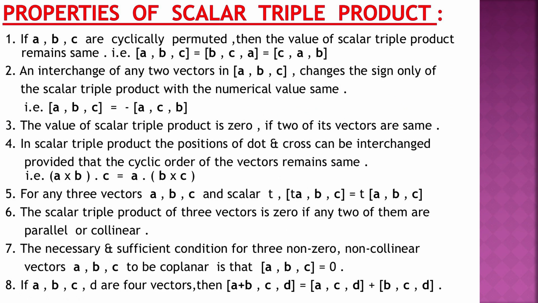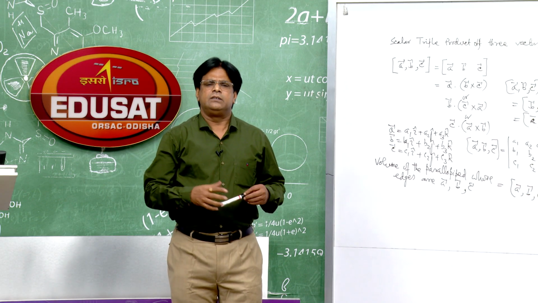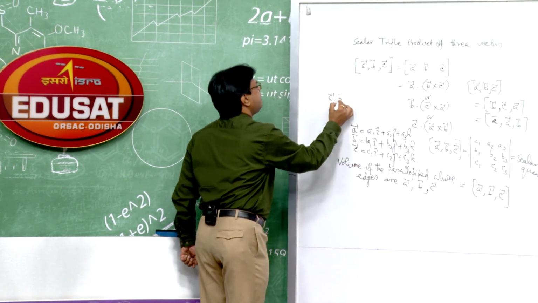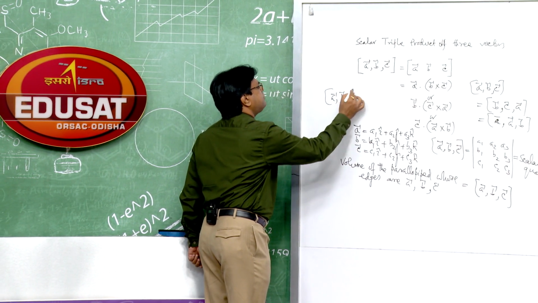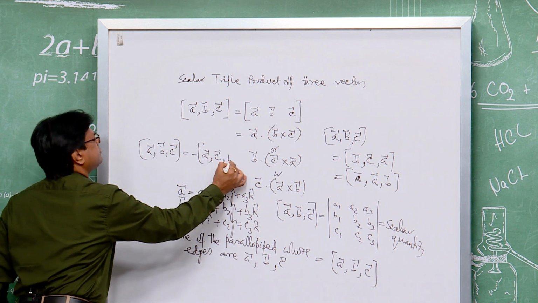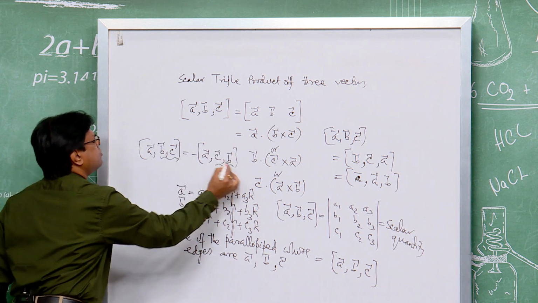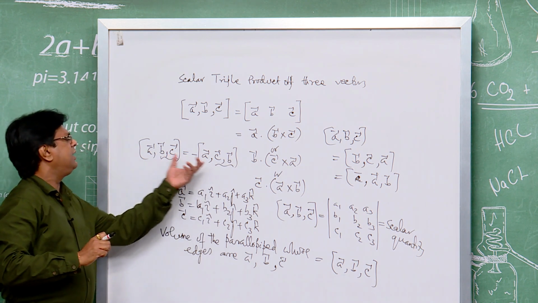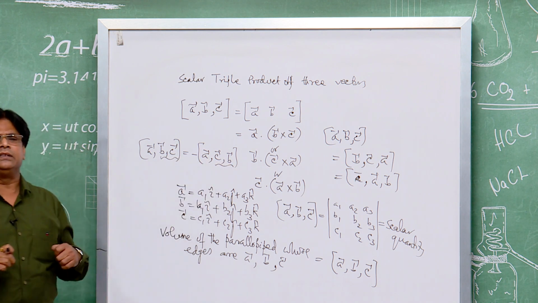Then another property: interchange of any two vectors in A, B, C changes only the sign of the scalar triple product, with the numerical value unchanged. Suppose we interchange two adjacent vectors, A, B, C becomes A, C, B. Then the numerical value is the same, having the negative sign.